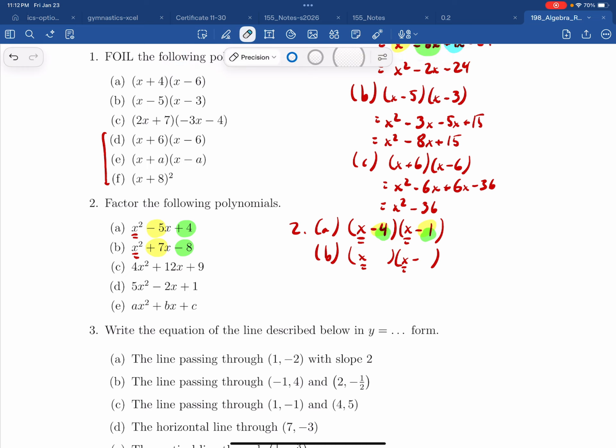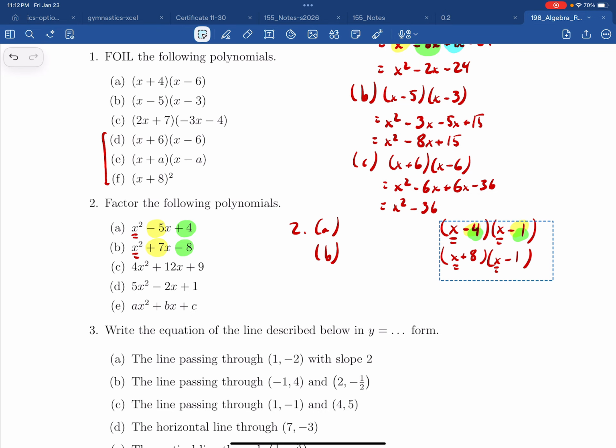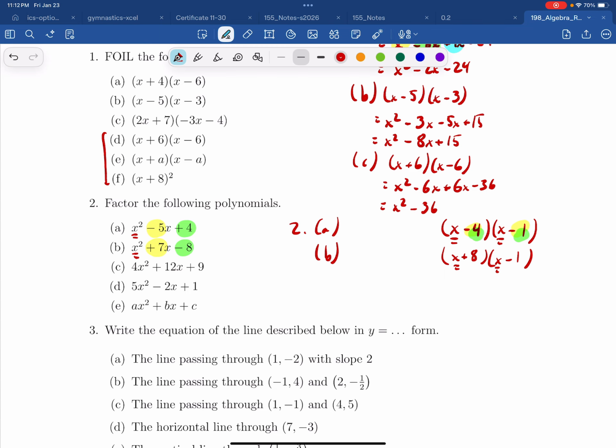So again, if we think, what two numbers multiply to negative 8 and add to 7? Plus 8, minus 1. And there we go. By the way, I should be a little more careful and formal with my notation. I apologize for this. I should be writing x squared minus 5x plus 4 equals this. x squared plus 7x minus 8 equals that.